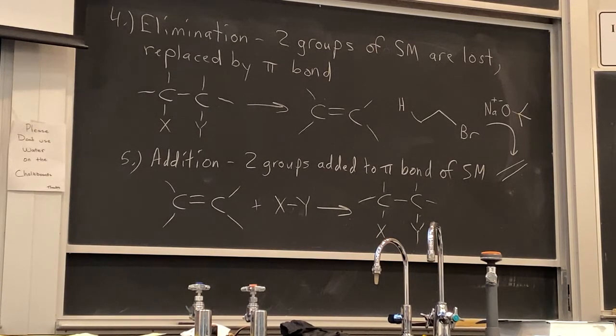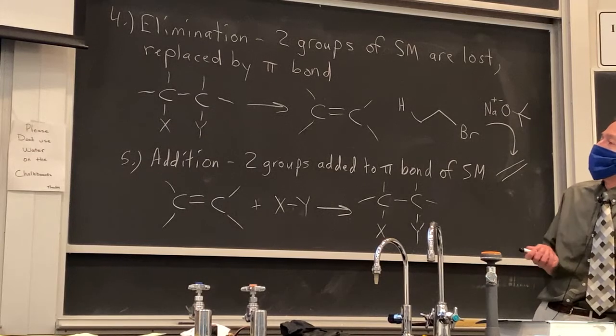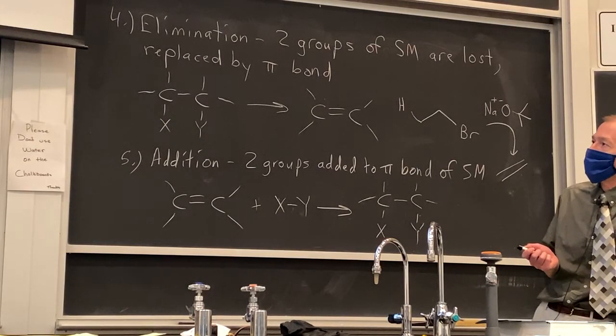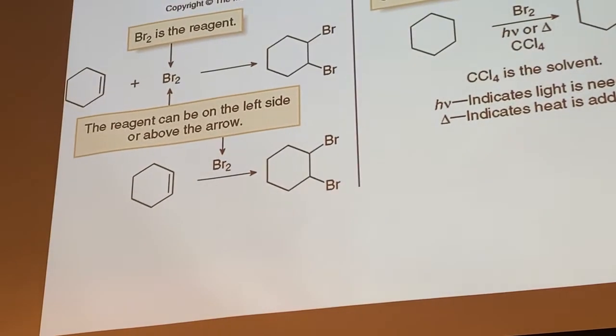Do we have an addition reaction on the screen? Yes, the one on the left is an addition. It's called a bromination. That's a specific type of addition reaction. So we are adding a bromine atom to each of the carbons of the alkene in this particular process. Okay?